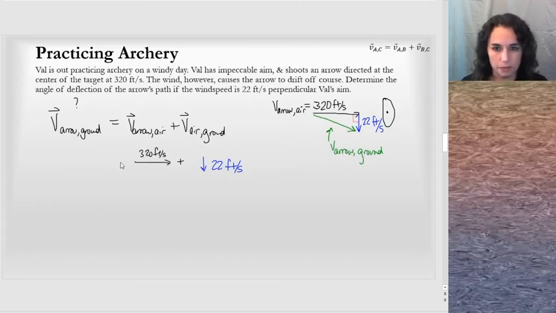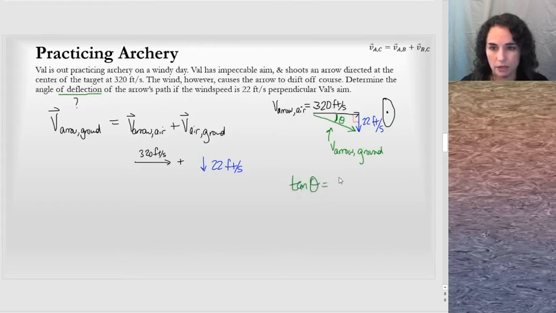Okay, so we're asked to determine the angle of deflection. So we're asked to find this angle here. What is this angle? Well, this is falling into place pretty easy. When I look at this angle, I know 2 sides of the right triangle, the opposite and the adjacent.